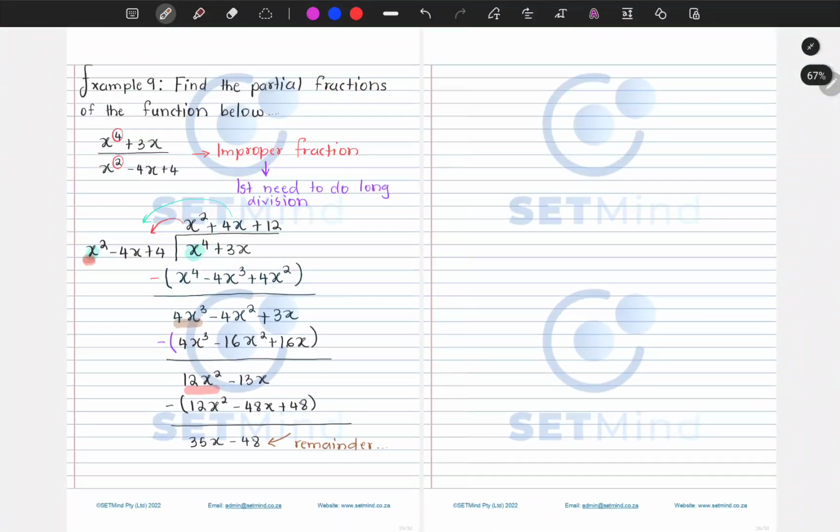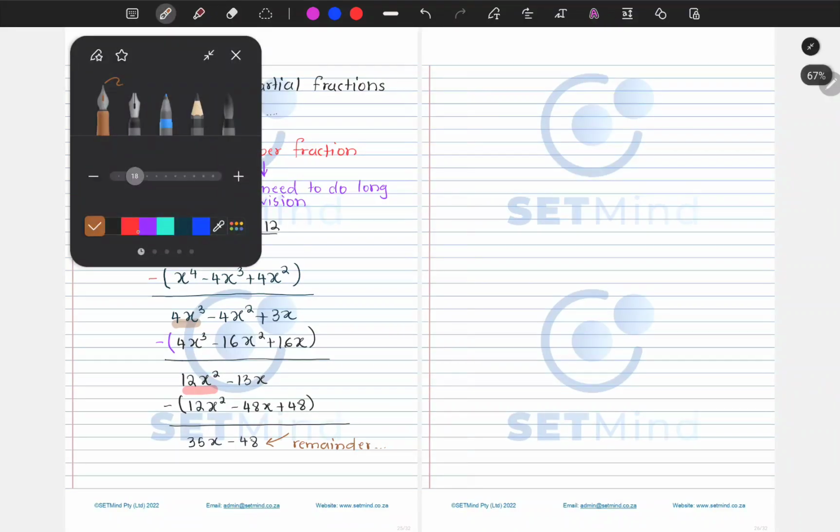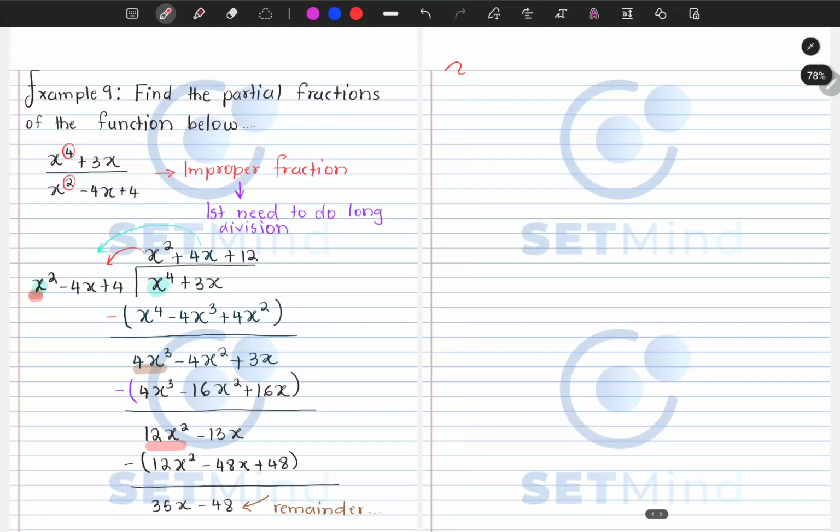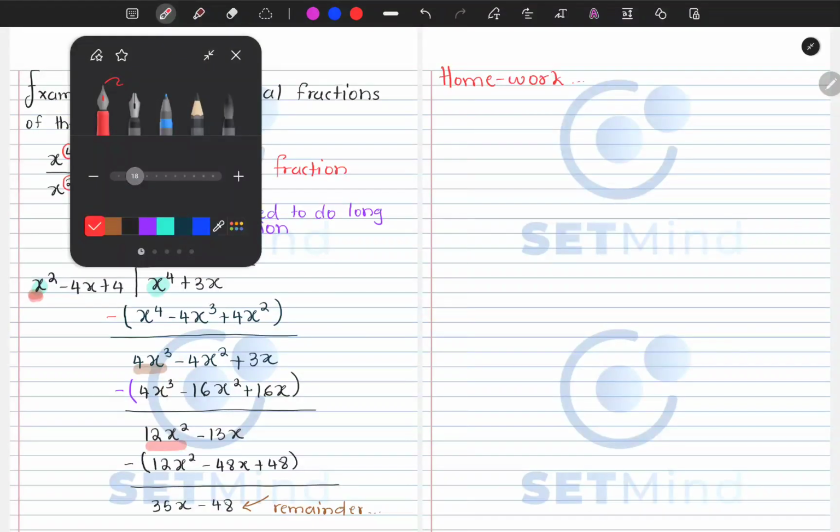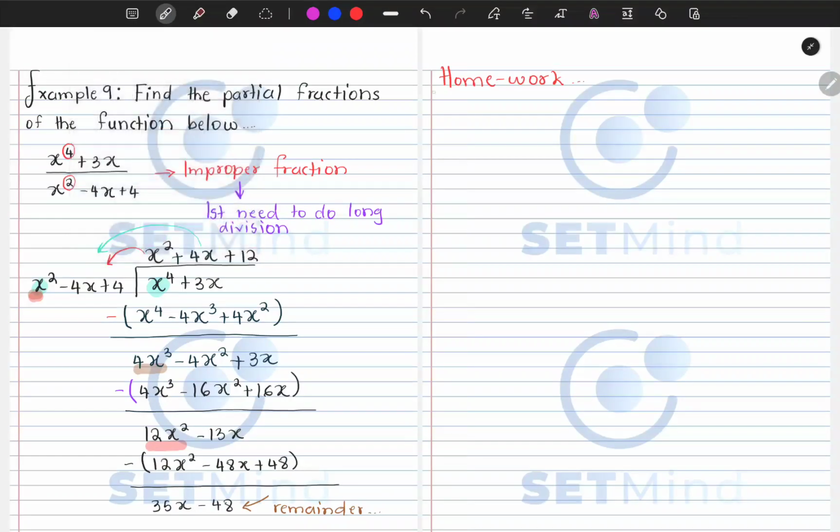And now all you need to do is to go and complete this problem, and I'm going to leave it as homework. So essentially what is going on is what we had there, which is x to the 4 plus 3x divided by x squared minus 4x plus 4. The answer which we are getting is x squared plus 4x plus 12.